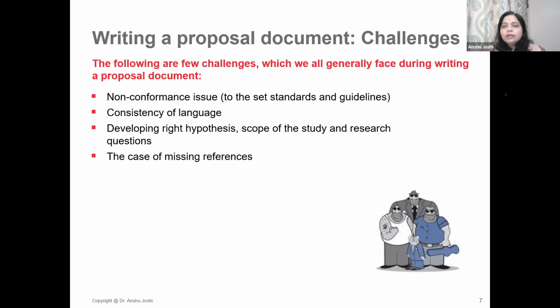Is it prepared for funding purposes to get a project from some government body? Or what is the purpose of preparing the research proposal? Accordingly, all the sections need to meet certain standards and guidelines, depending on the body or the institution for which the proposal is being prepared.